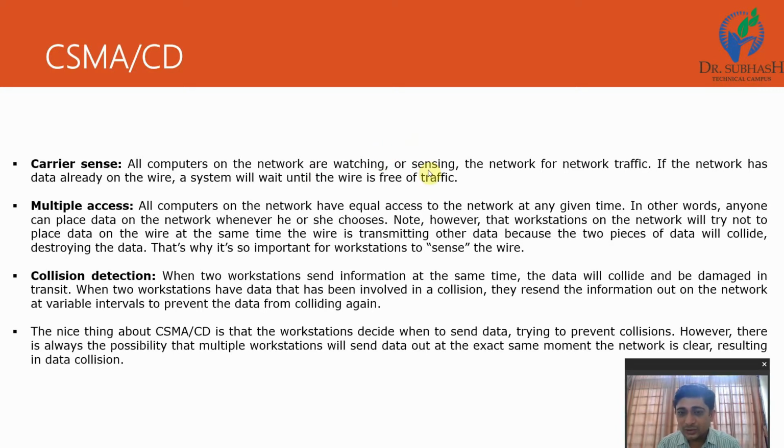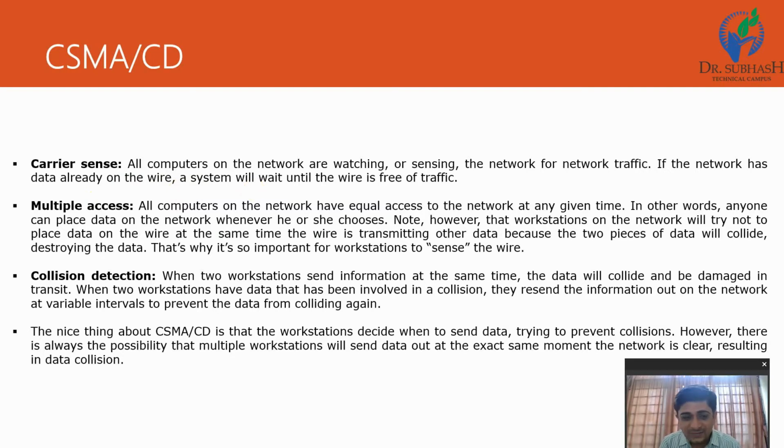They observe which channel is free, where there is no traffic. So all computers on the network are watching or sensing the network for network traffic. If the network has data already on the wire, a system will wait until the wire is free.